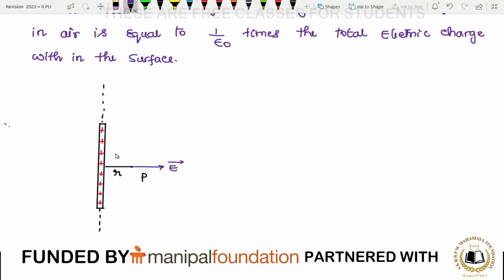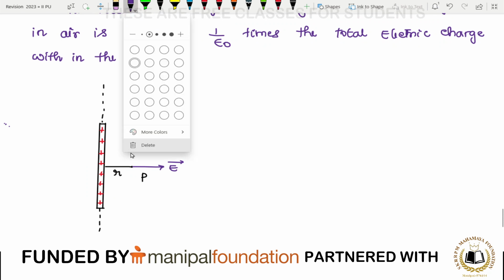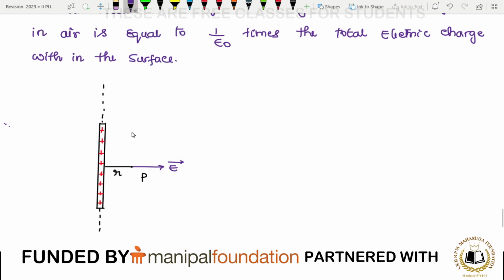Now at a distance of R from the wire, the field in all directions remains the same. If I join all these points, what shape are you going to get? A cylindrical shape. At the same distance, I am going to draw it.